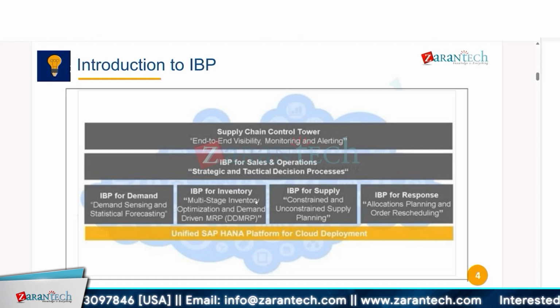So in the integrated review, there is something called identifying the gap between demand and supply and generating the action plan at their levels. When I say their level, it is at the IBP, at the demand manager level, at the inventory manager level, at the supply planning manager level. So they define the action plans for themselves and for their departments and their teams.